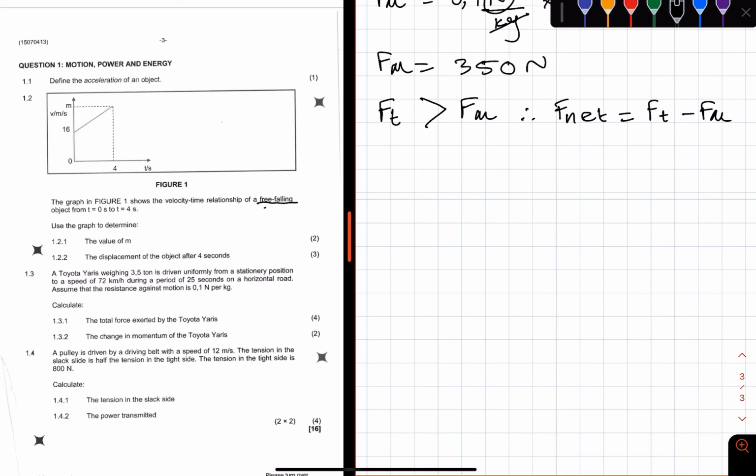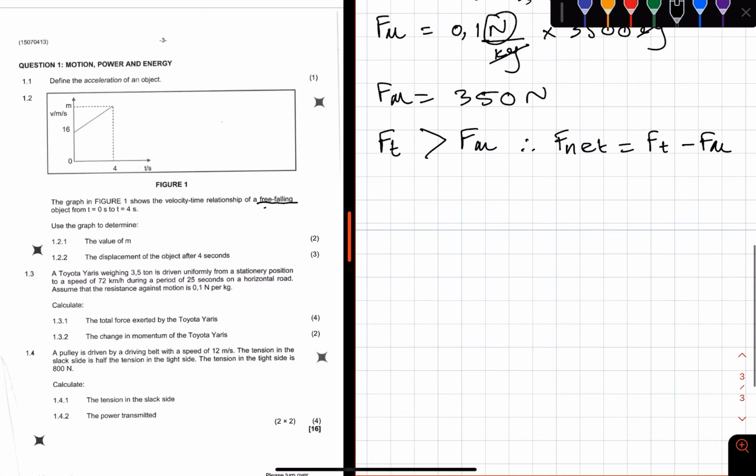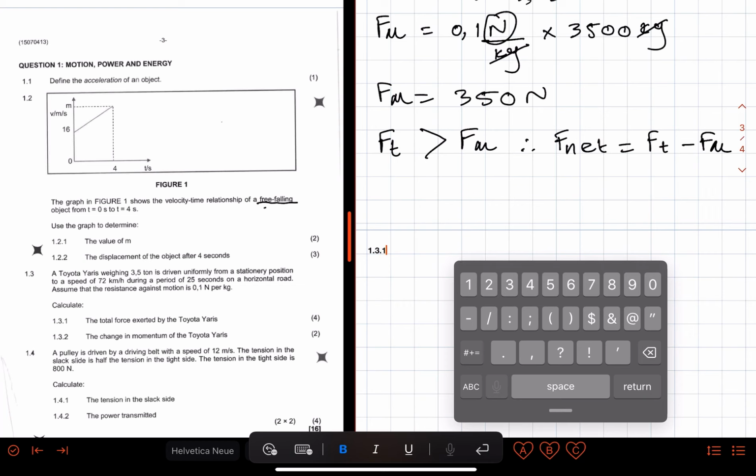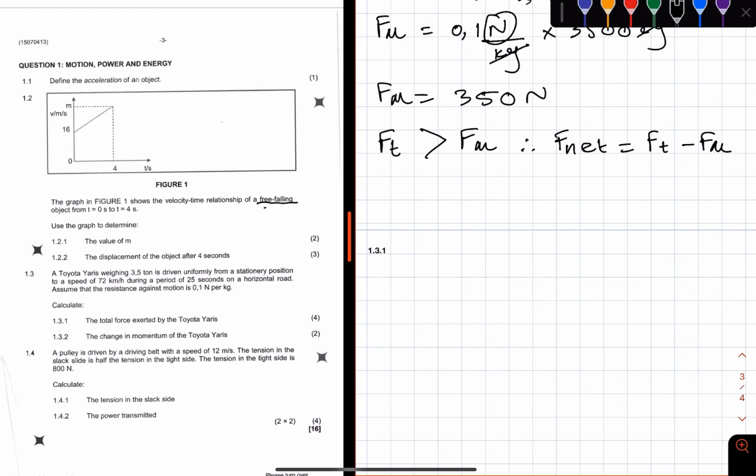Now, let's look at question 1.3.1. They say calculate the total force exerted by the Toyota Yaris.